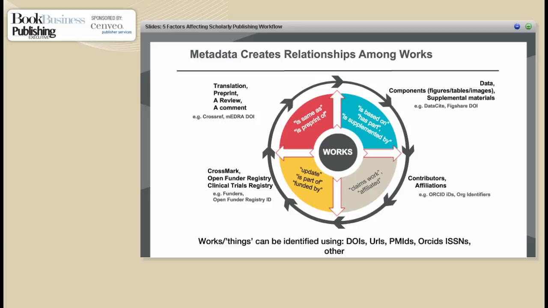Articles can be funded by organizations, and that's a linkage that needs to be established. The research associated with the article may have been part of a clinical trial, and identifying what that clinical trial registry is is important.